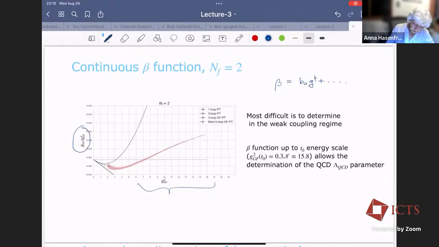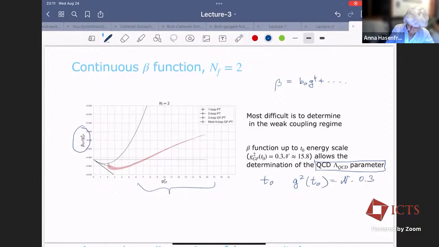Because at this point, we actually could calculate the QCD lambda parameter at the energy scale determined by t0, which is a quantity where g squared at t0 is this normalization constant times 0.3. That's the quantity we use on the lattice to set the scale.